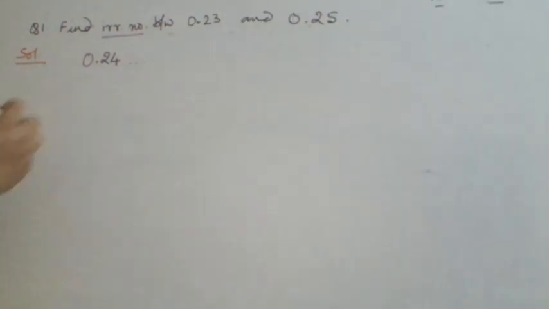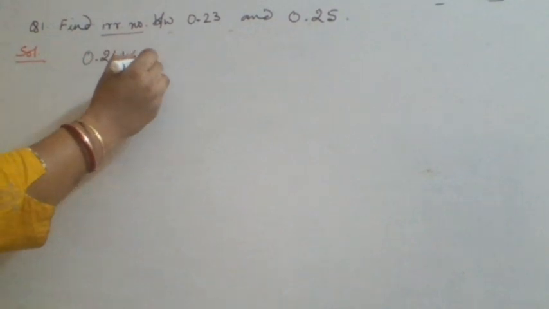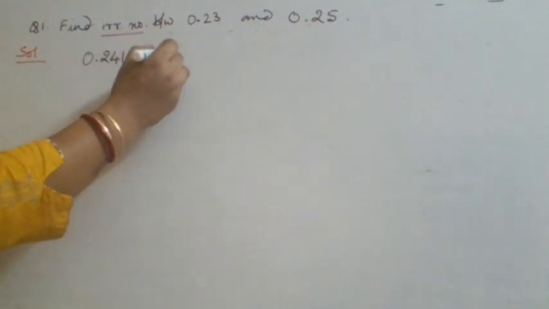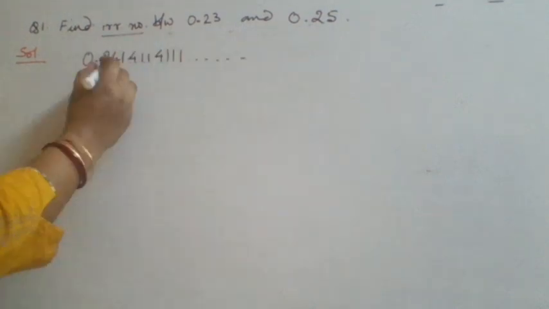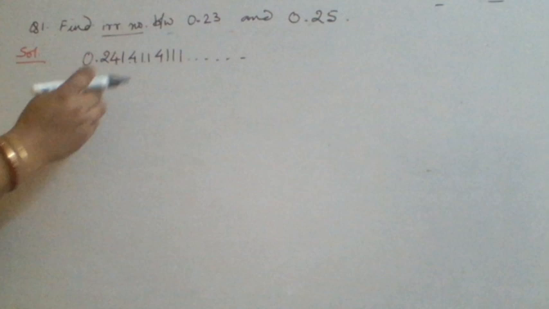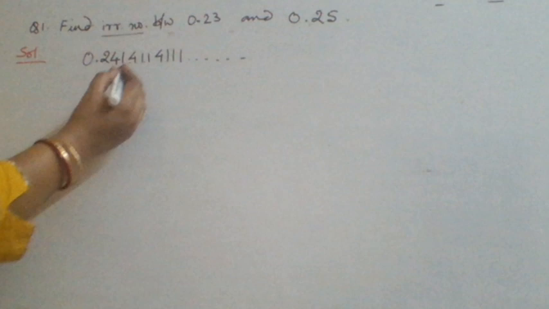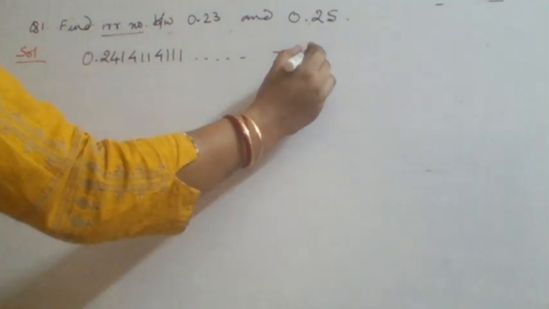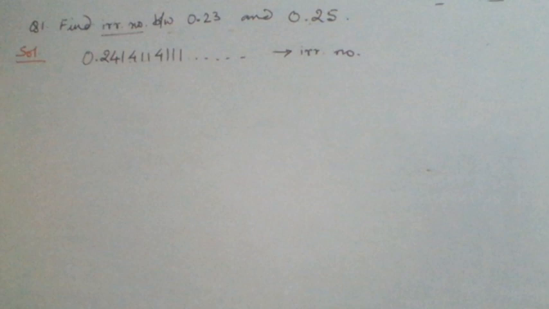So in between 3 and 5, there is 4. If you write 0.41, 411, 4111, like this with dots, that shows some pattern is followed. This is non-terminating and non-repeating, so this is an irrational number between these two rational numbers.